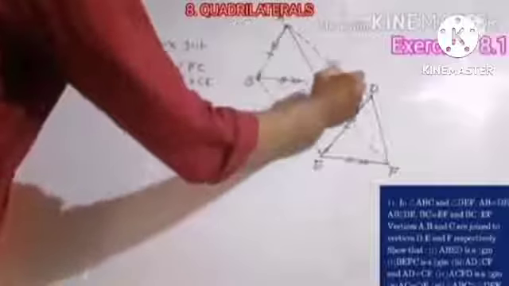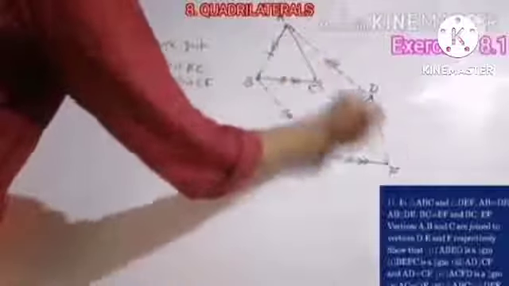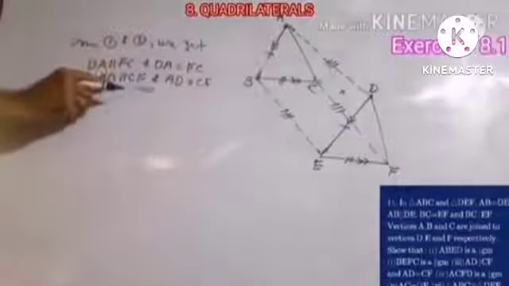Here in this figure, in quadrilateral ACFD, we have CF parallel to AD and CF equal to AD. When AD is parallel to CF and AD equal to CF, then it becomes a parallelogram.